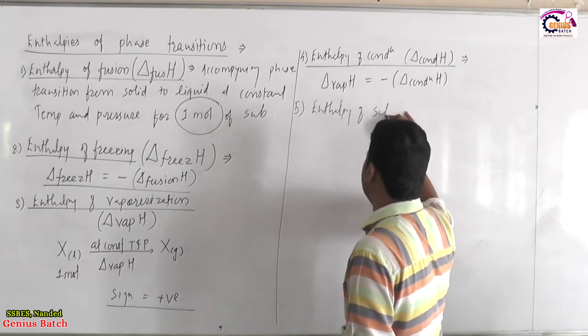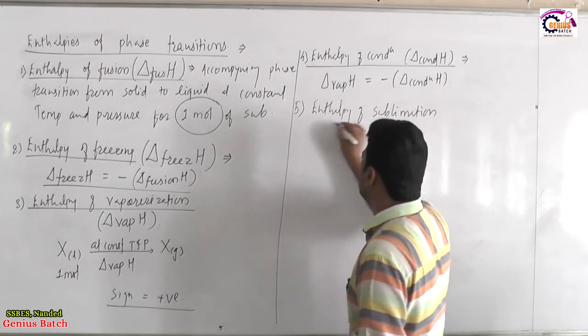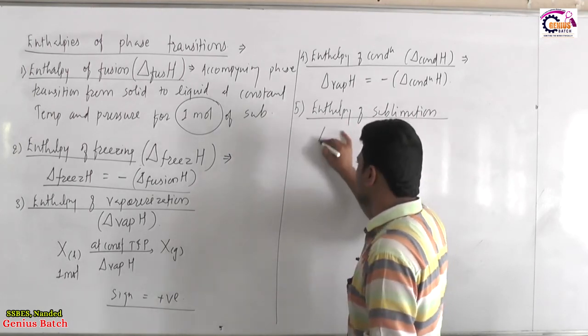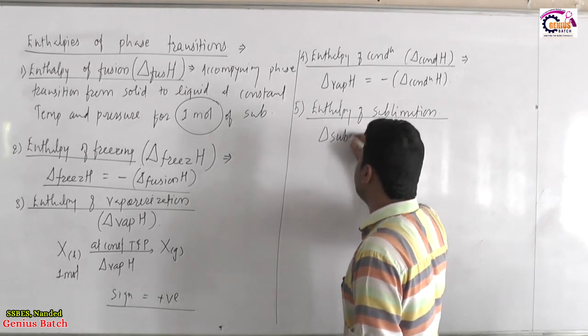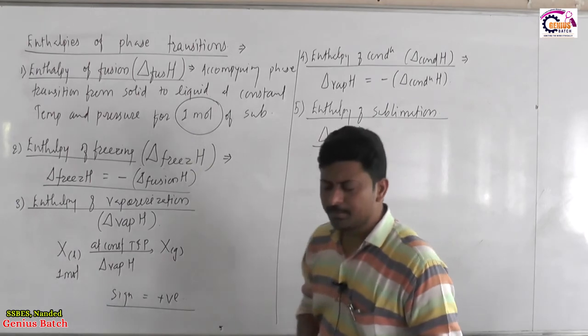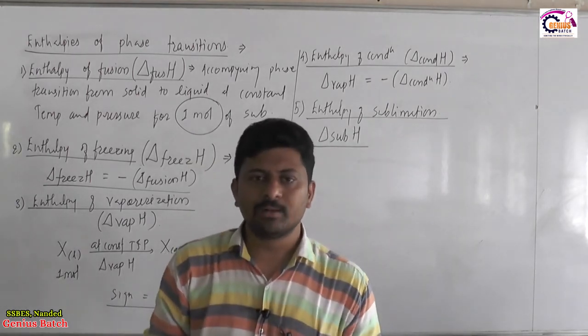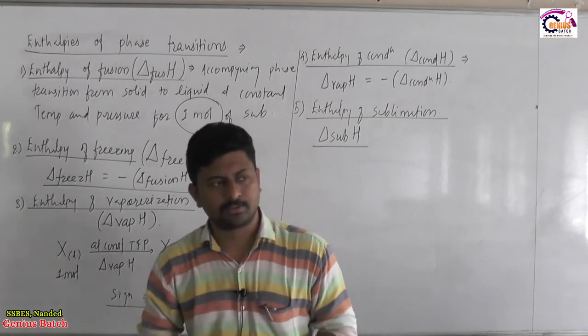of sublimation. Everywhere a common theme is what? Whatever enthalpy change we are conducting, this should be conducted at constant temperature and pressure, and the enthalpy change should be measured for 1 mole of that particular substance.